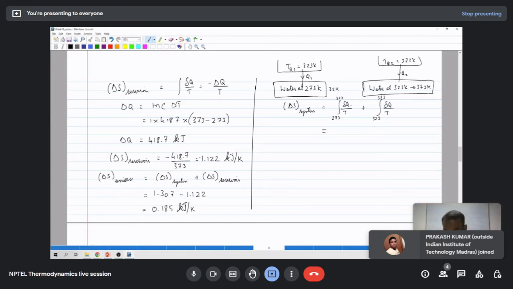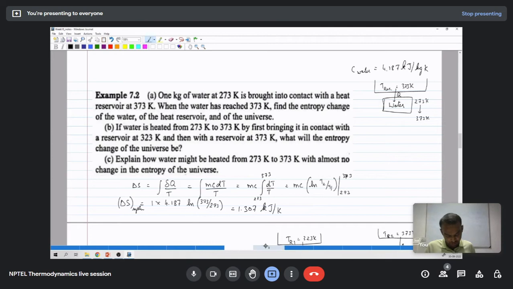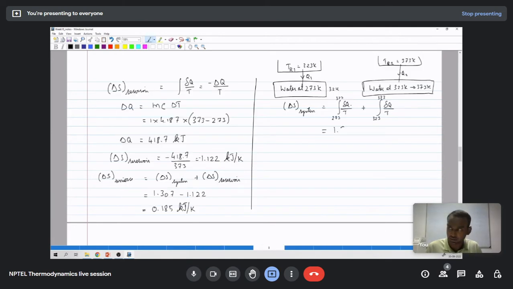If we calculate this, we will get the same change in entropy of the system as the previous case, which is 1.307 kilojoule per Kelvin.